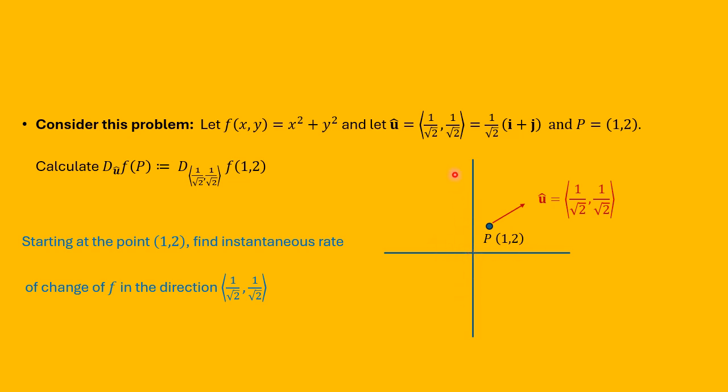Here are the x and y axes. Somewhere in the xy plane is the point 1, 2. We have a vector u hat, which is given by these components, and we want to find out how fast the function f is changing as we move in the direction pointed to by this vector u hat.